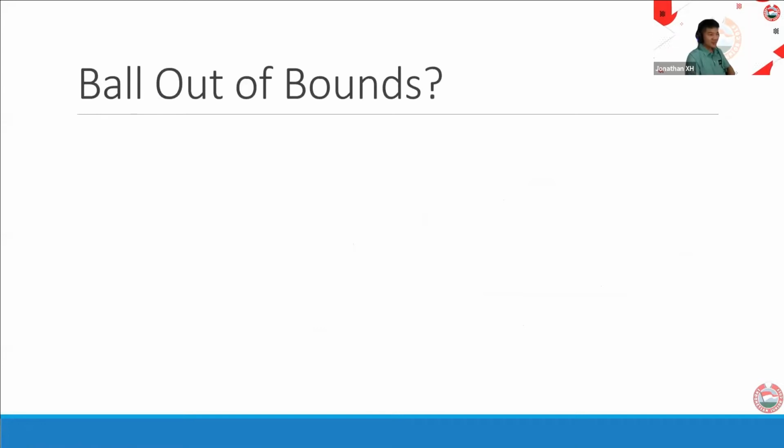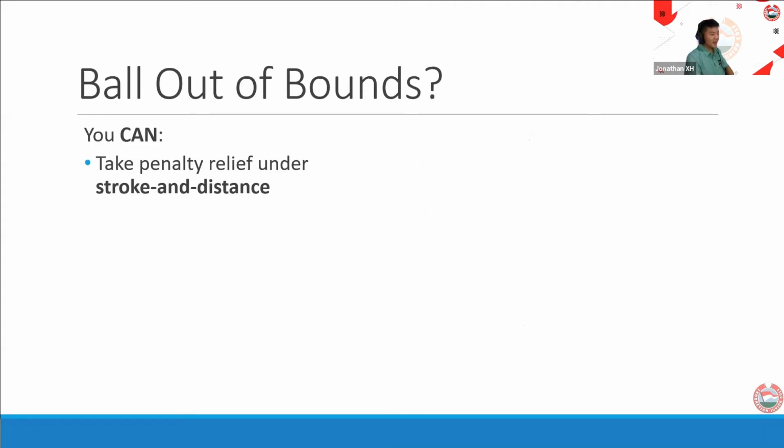So he was talking about why you have to hit a provisional ball. If your ball is out of bounds, you are only allowed penalty relief under stroke and distance. That's the walking back to your previous shot relief. That's why you should better hit a provisional ball if it might be out of bounds, so you don't have to walk back. Save your energy, save your time, everyone's happy.